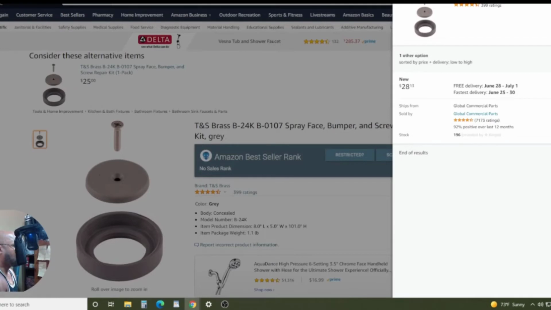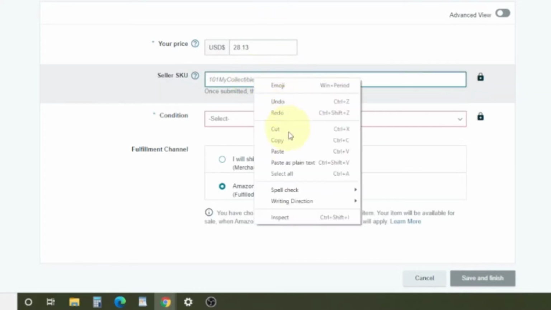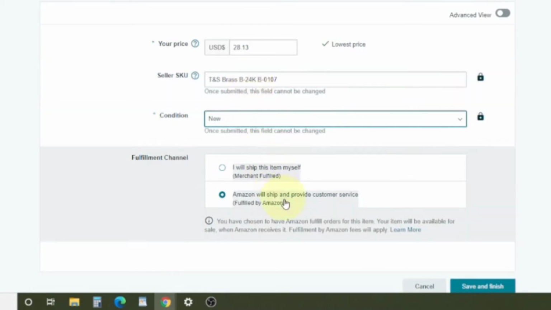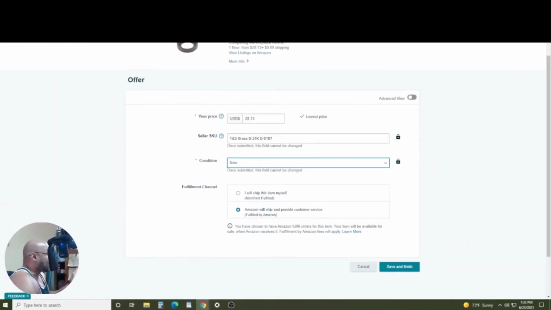So that's what we're going to put. $28.13, and we got to name it. So we'll just put that name. We'll put the condition as new, and then boom. You're either going to go merchant fulfilled or FBA. In this case, we would go FBA. That's it. That is it.